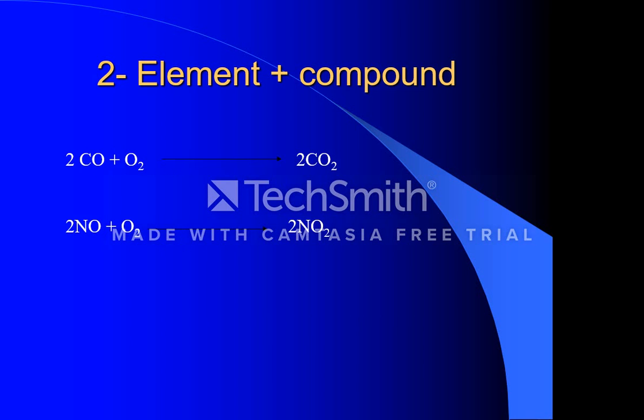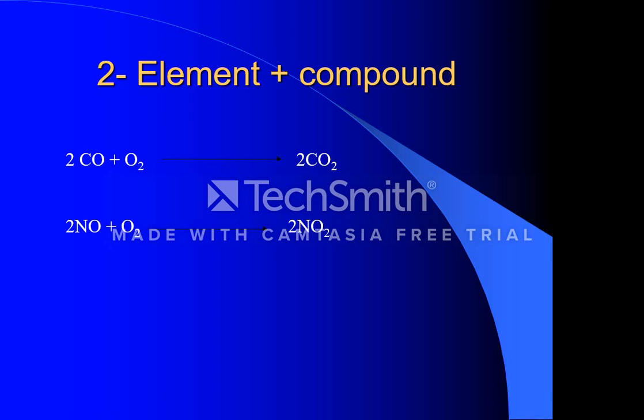For example, this is called carbon monoxide. Carbon monoxide. Is it an element or a compound? Yes, it's compound. Why? Because it consists of 2 different elements, carbon and oxygen, plus O2. Element or compound? That's right, element.